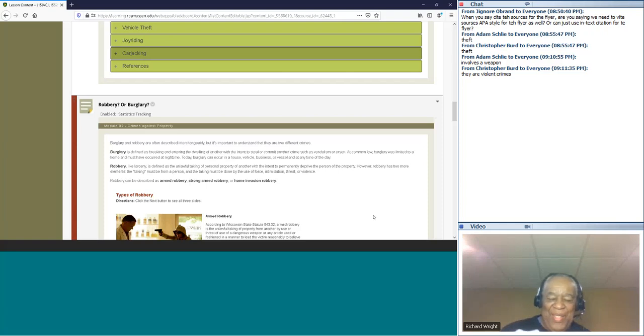Okay? So a lot of people get tricked. They think, oh, you got to climb in the window. You do not have to climb in the window. You can just simply reach in the window. And that's burglary all by itself, because you have entered into the premises. And if you broke the window and reached in, then that's property damage and burglary.